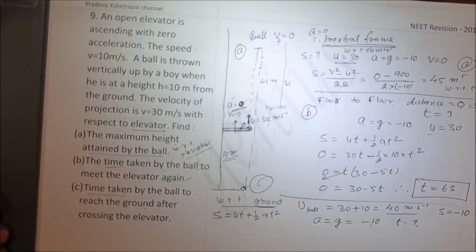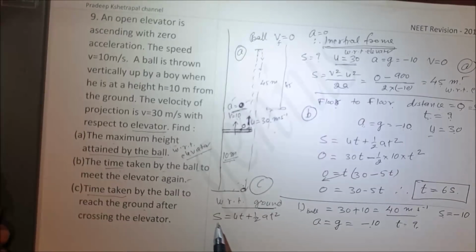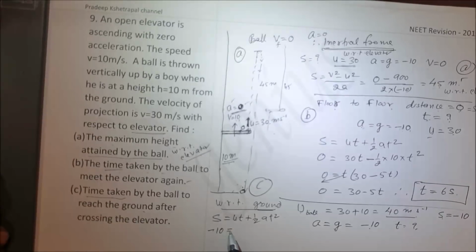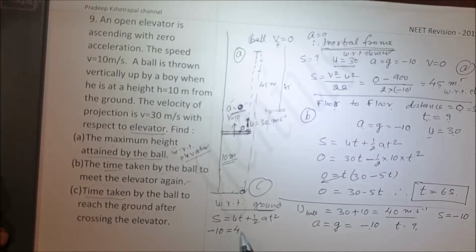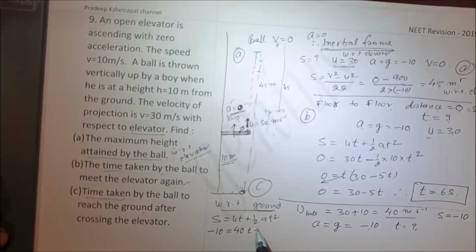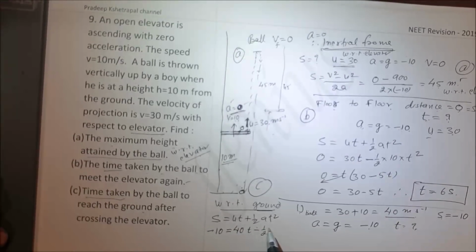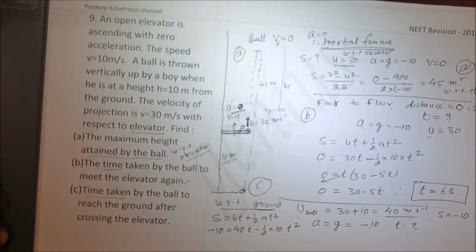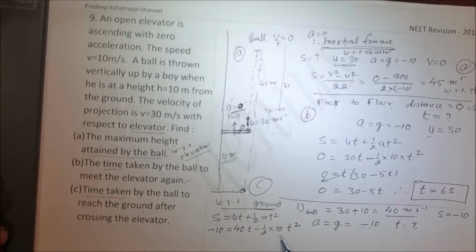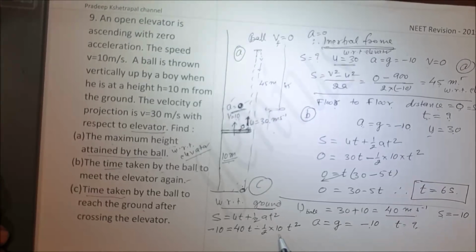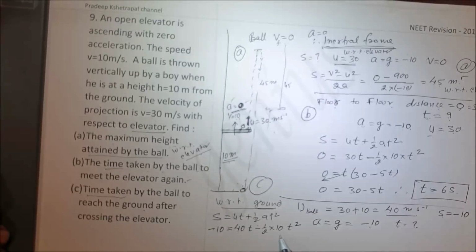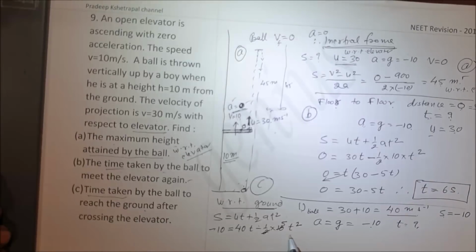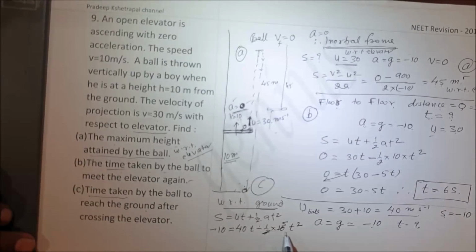Let's put the values here. s is equal to minus 10 is equal to 40t minus half 10t square. Let us divide everything by 5, and this equation simplifies.